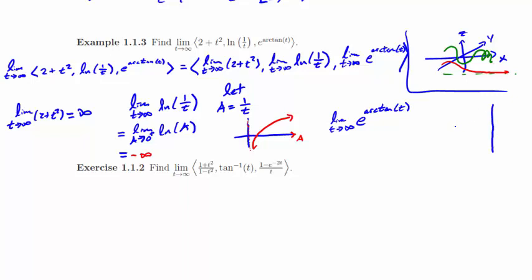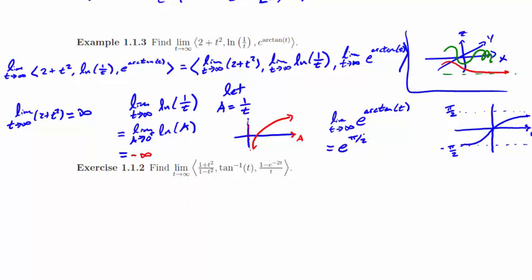And the key here is to know that the arctangent looks like this, where it has horizontal asymptotes at negative pi over 2 and at positive pi over 2. So as its input goes to infinity, its outputs are going to pi over 2. So this equals e to the pi over 2. And that's it. There's nothing else going on here.